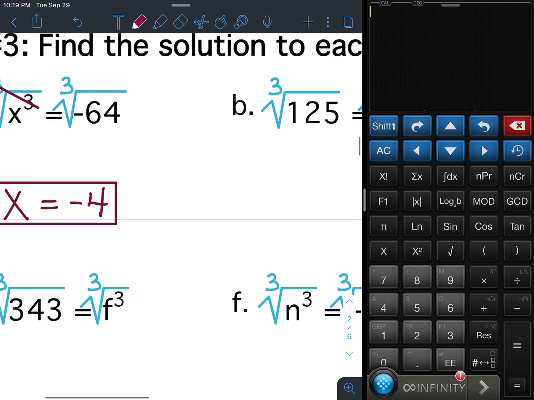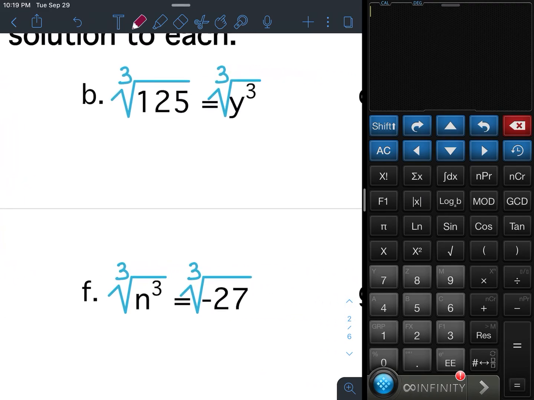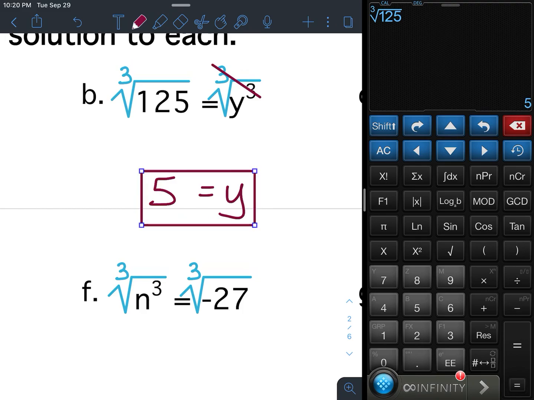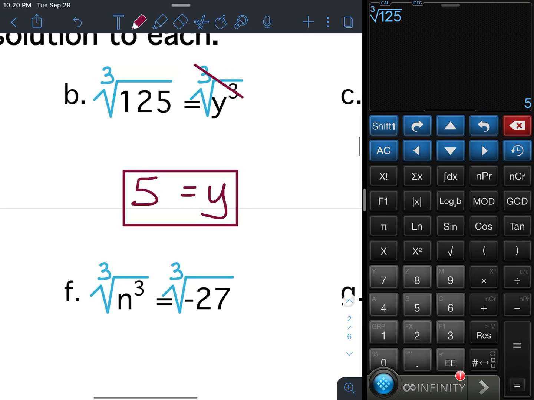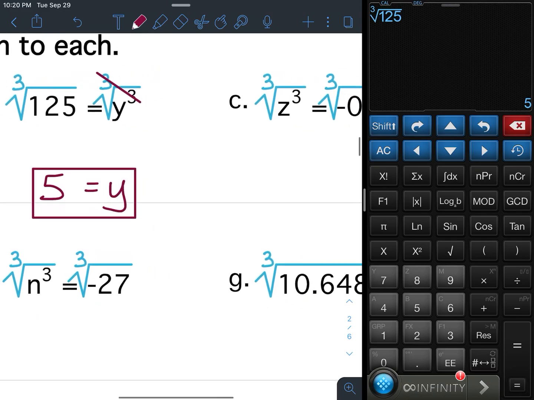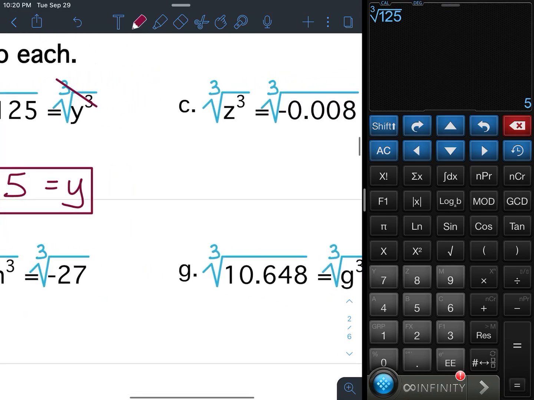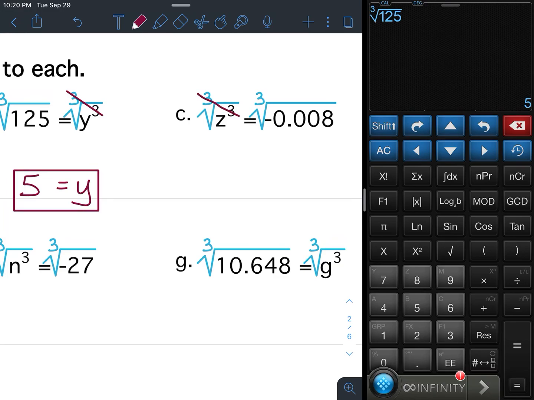All right, let's try B. The cube and the cube root are going to cancel. I'm going to take the cube root of 125. The original number is positive, so my answer is going to be positive. The cube root of 125 is 5. Therefore, 5 equals y. For C, the cube and the cube root cancel out.